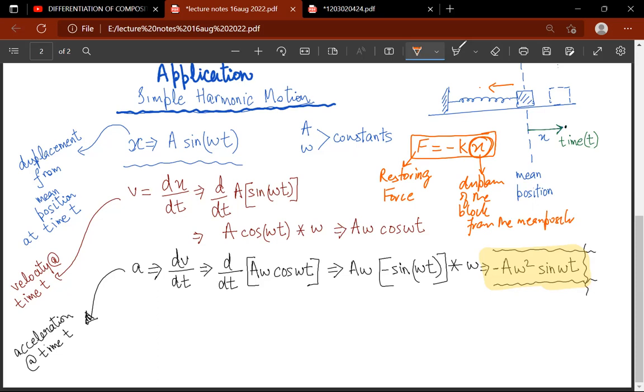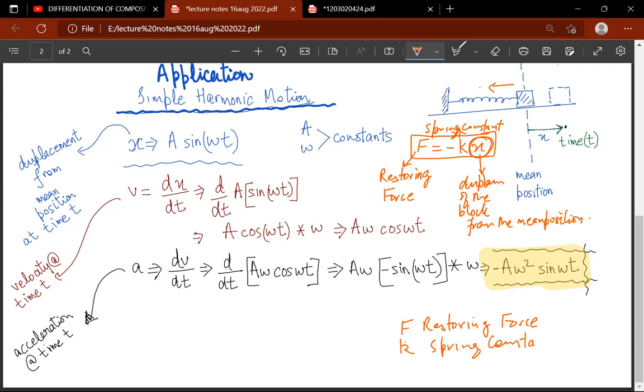Avantika, have you understood? Okay. K is called the spring constant of the spring. Are we clear? So F is the restoring force, K is the spring constant.